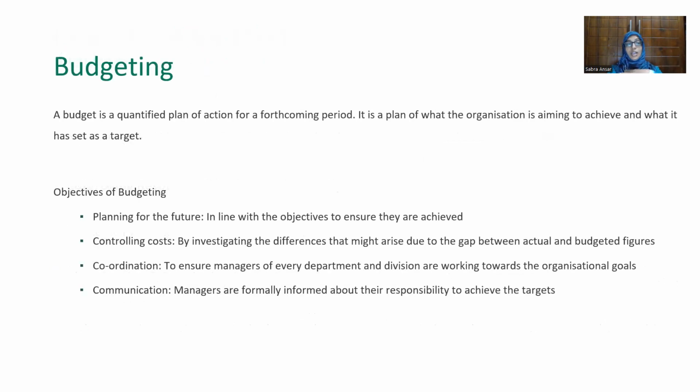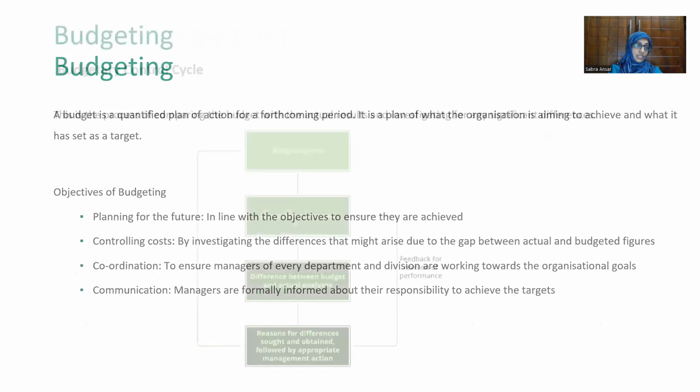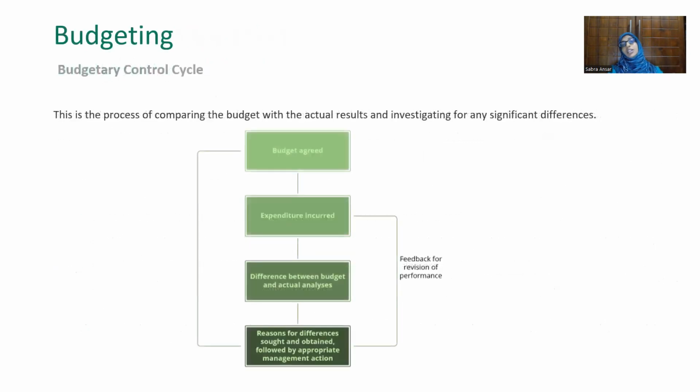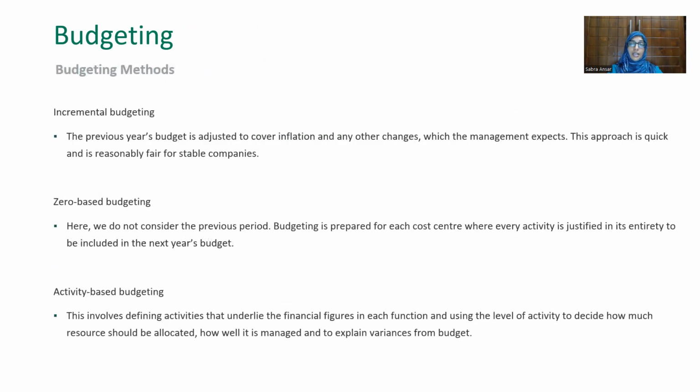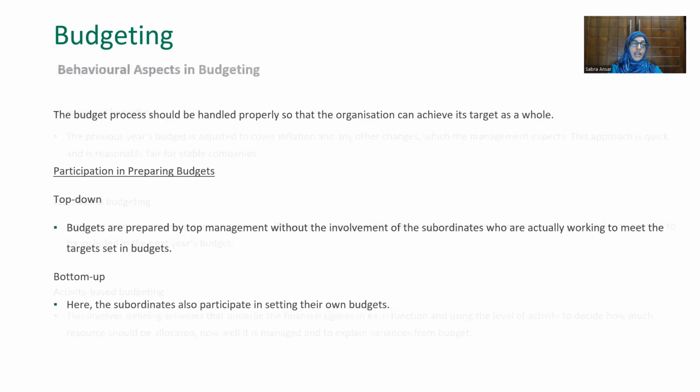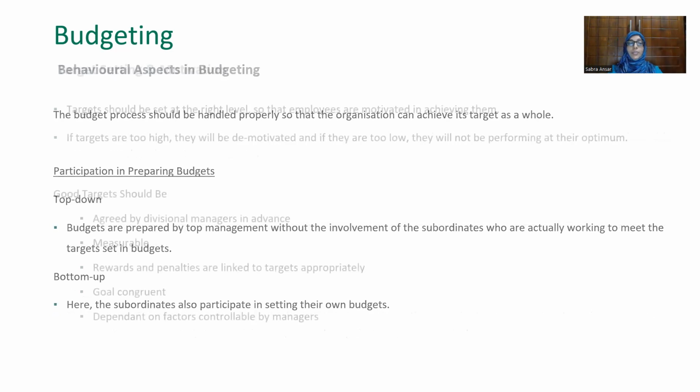And thereafter, today's session, where we talked about controlling. So we spoke immensely about budgeting, because in order to control, it's very important to have a proper budget. We explained different methods of budget, the budget process, and then we spoke about how participation can be included in a top-down method or bottom-up method.